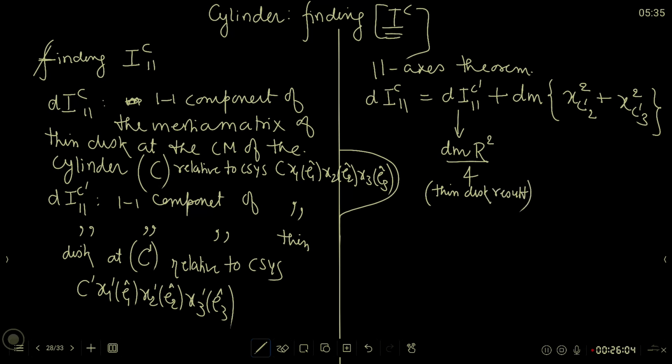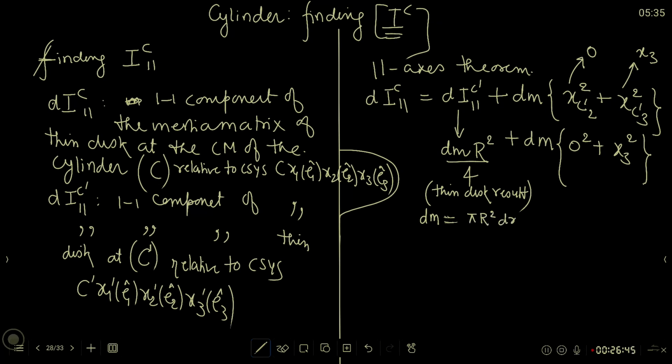And then dM times, what is xC'2? That is 0. You can go back and see the slide where I put that information, and this is x3. So I get 0 square plus x3 square. Again, dM will be pi R square dx3 times rho.